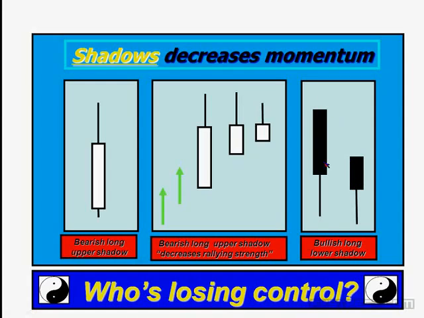Because although the sellers are in control during both of these sessions, the fact that the market pushes up at the end of the session, so remember the market opened here and closed here, but then it lost this much price action. So this is showing you that sellers have lost some control, almost 50% control during that trading session.